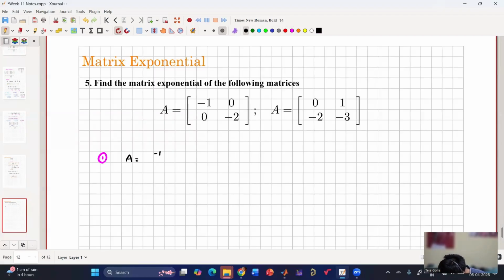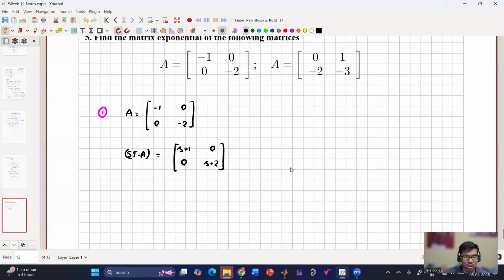A matrix is -1, 0, 0, -2. So first I have to calculate sI minus A. sI minus A is s plus 1, 0, 0, s plus 2. Now from this, I can also calculate determinant of sI minus A. Determinant of sI minus A is (s plus 1) into (s plus 2).